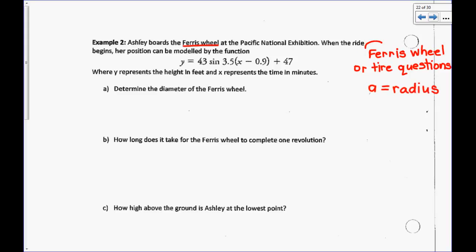That's something that you just need to remember. You will inevitably get a question like this on the diploma. So remember that anytime you're talking about a circle or a tire or a Ferris wheel, your amplitude, the height of your graph, is the radius of the circle.